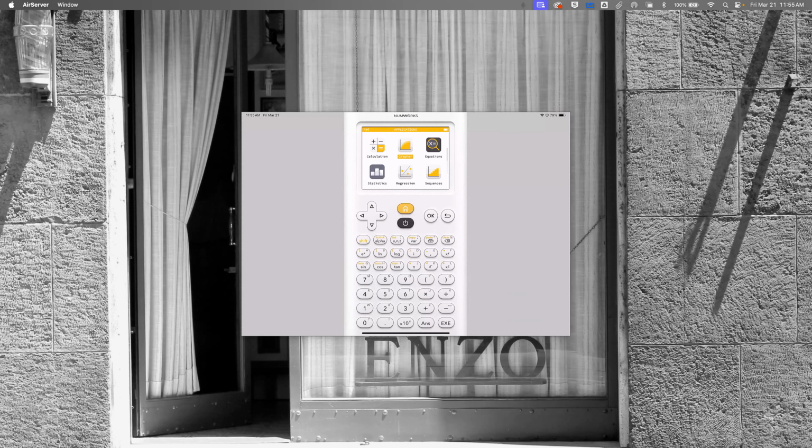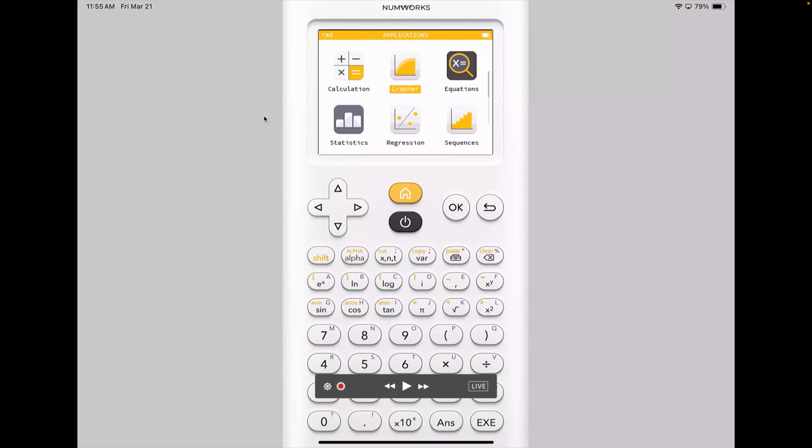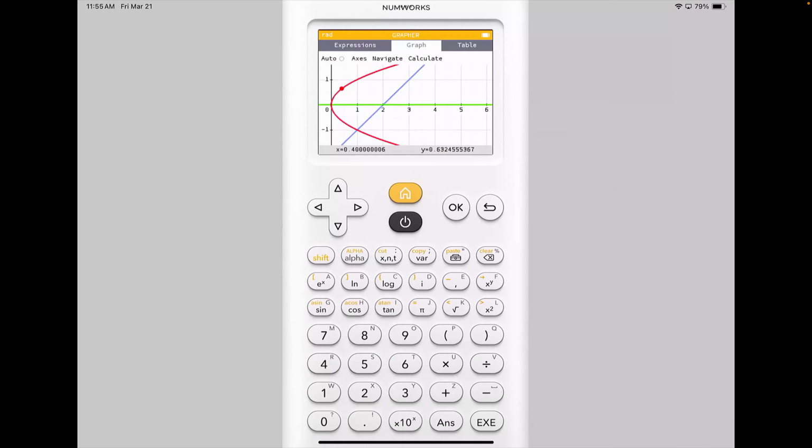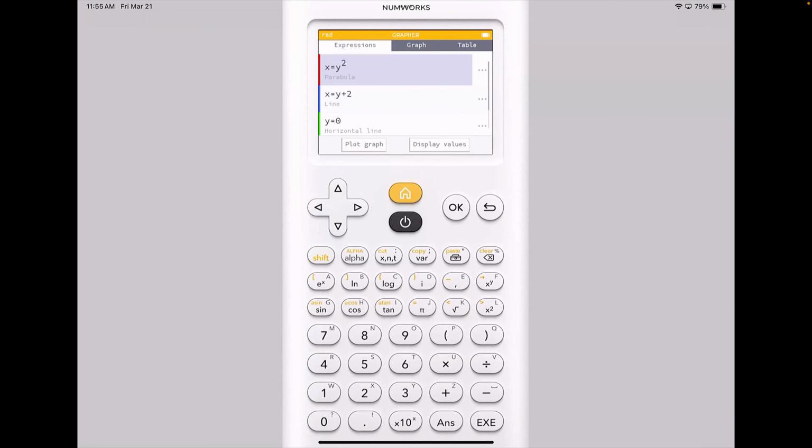Okay, so this one is y equals x cubed, so x to the third power, and then x equals y squared minus 2.